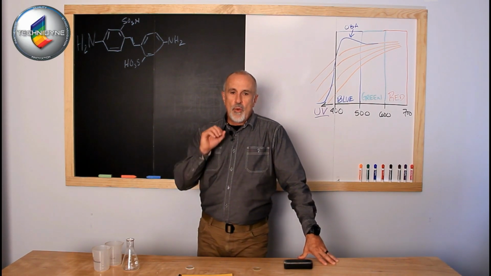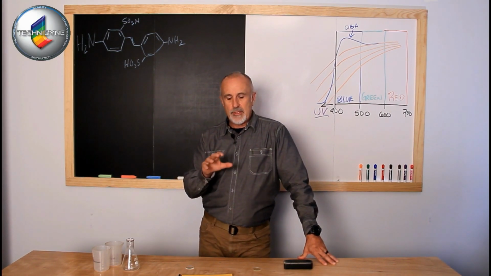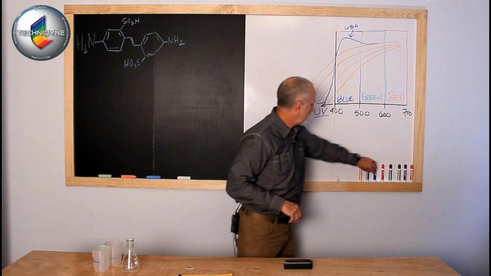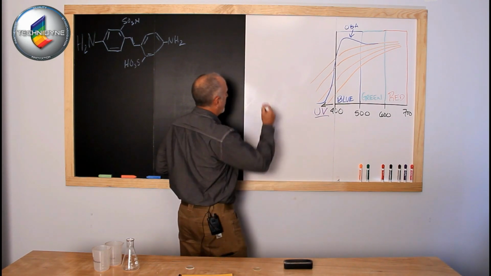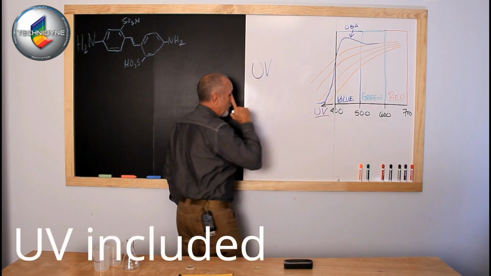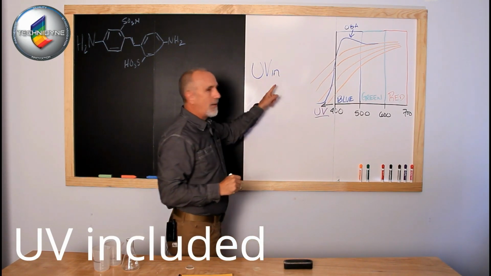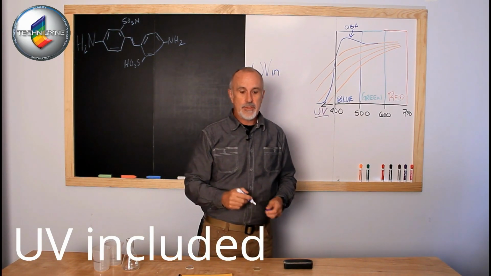So when we measure brightness in the industry today, that is done under what's called UV, or ultraviolet, and you'll often see a small IN for included. So it's UV included.